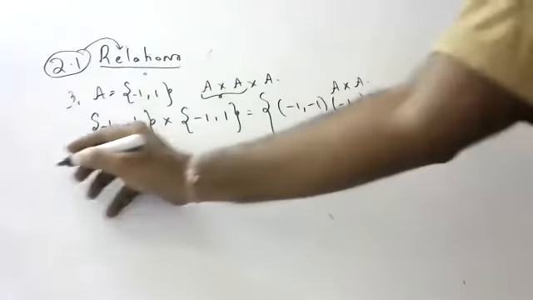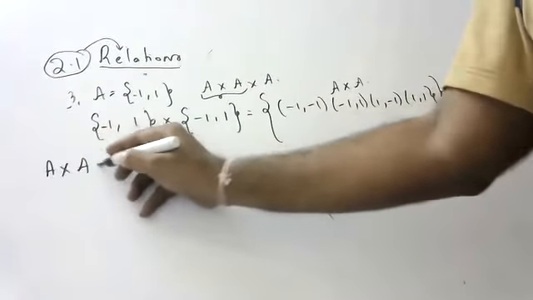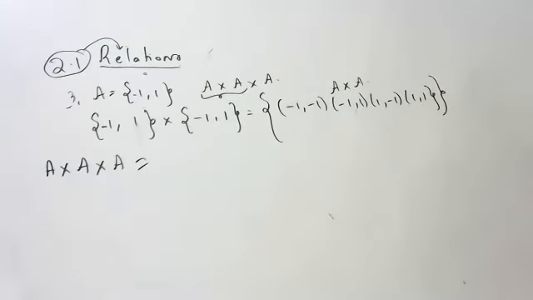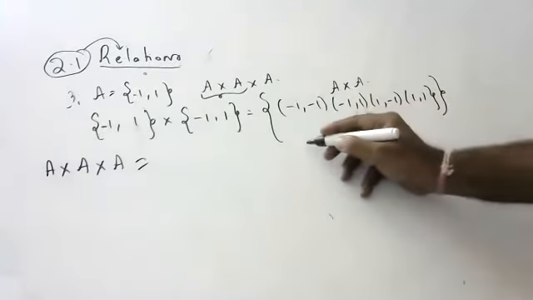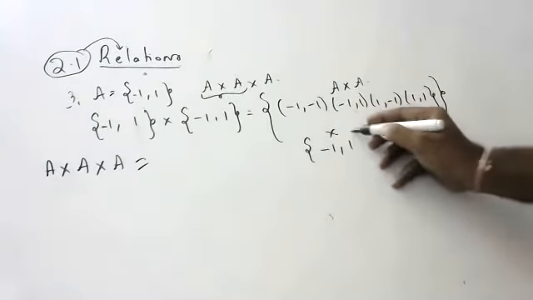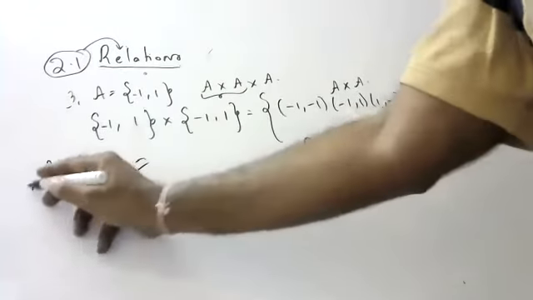Now with this A cross A, again cross A, that is, cross again with {-1, 1}. Tell me the pairs.